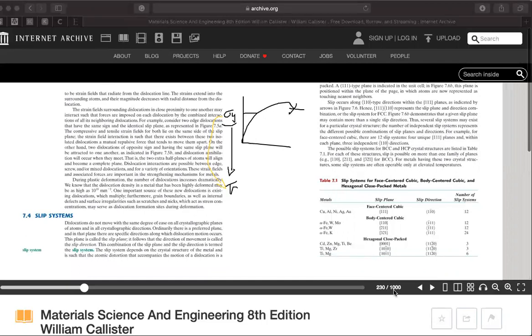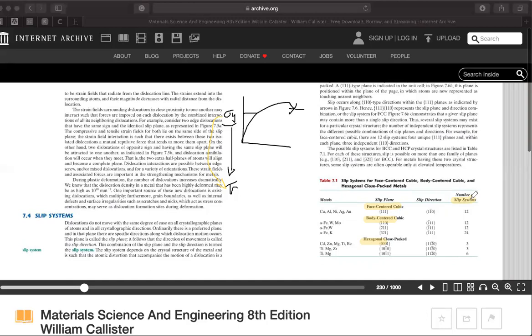This is why we have a table here showing, for each crystal structure, FCC, BCC, HCP, the possible planes and directions, and their combinations, which result in what's called slip systems.